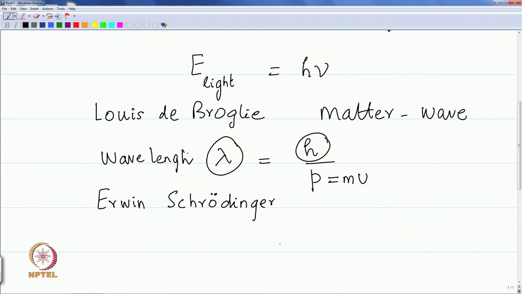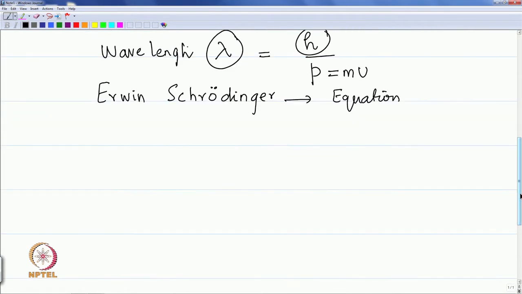Schrodinger came up with a proposal and an answer which became the most famous equation of the last century, called the Schrodinger equation, and I will write that out.